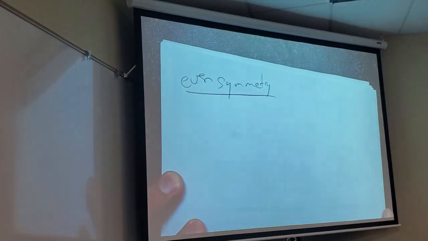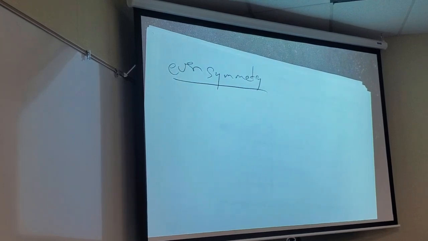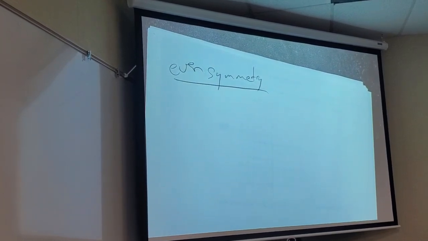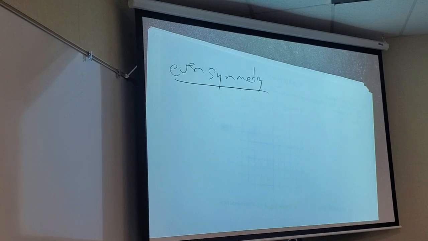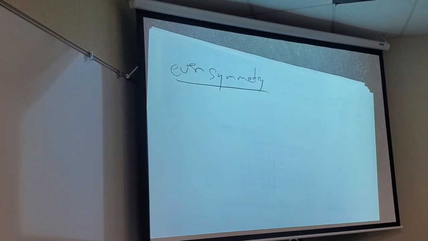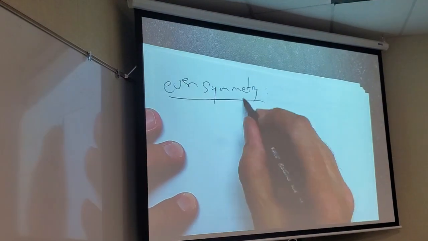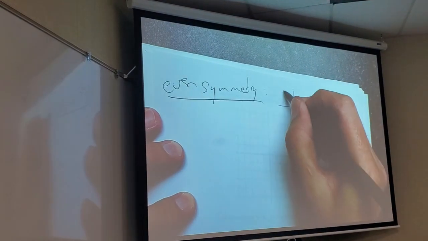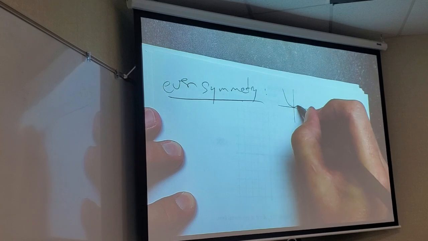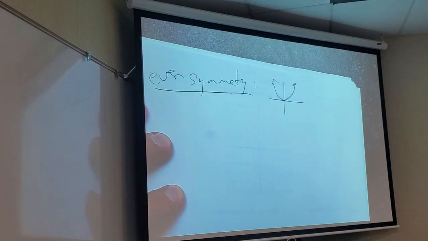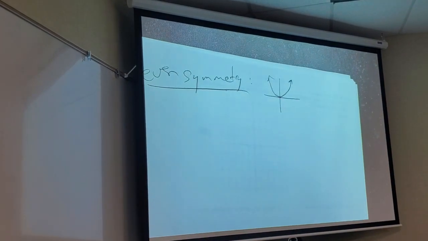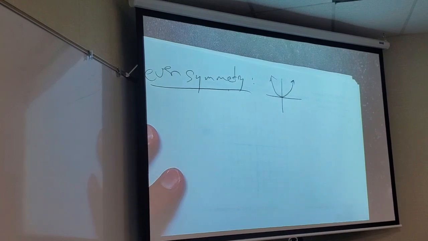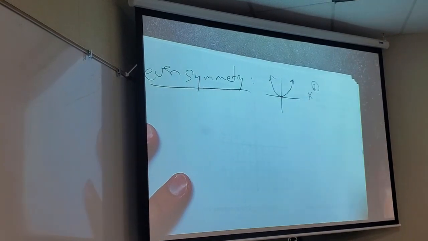Let me see. So even symmetry. Remember end behavior? Okay, what did an even power lead to? So even symmetry basically is like that. A parabola is the most basic example of an evenly symmetric function. One reason we call it even symmetry is because this would be x squared, an even power.